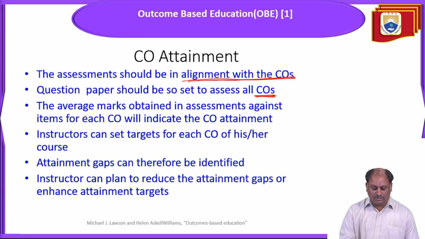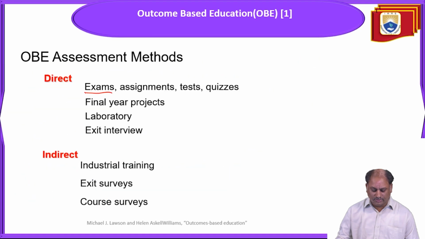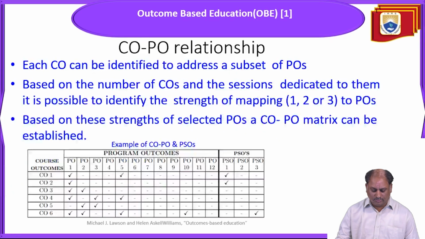Here we take the average marks for each CO, and we also have to set some targets for that particular course. Whether this course has been attained or not can be determined with the help of the CO-PO mapping. So here we are going to write the CO-related strength for each PO, for example 33% or 60%, and this is measured.